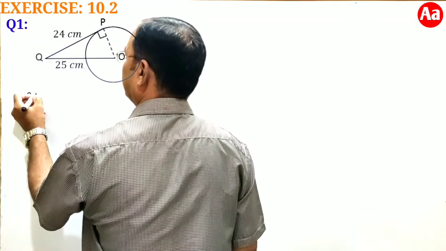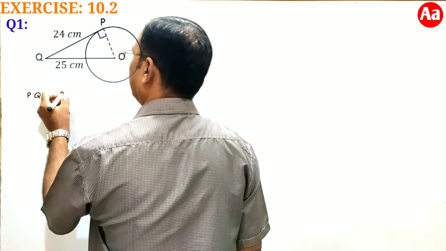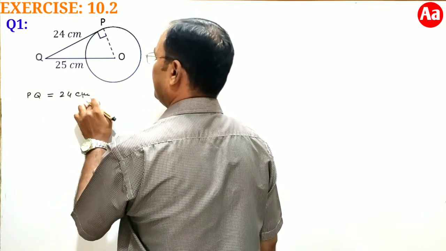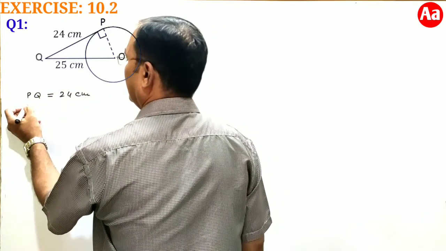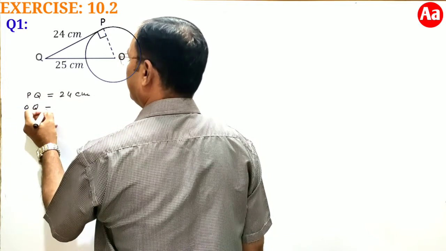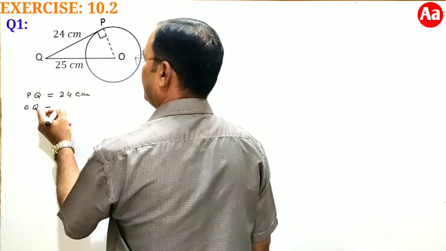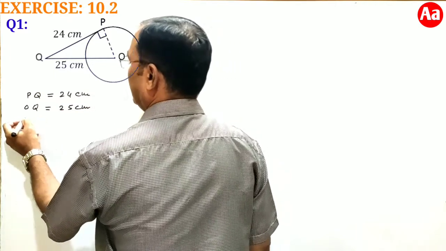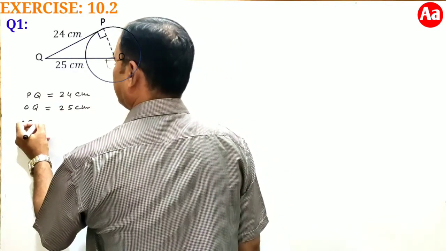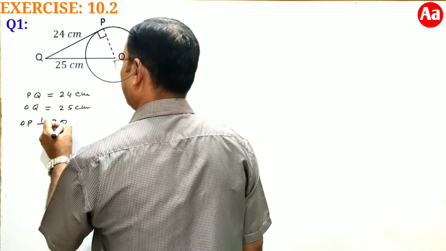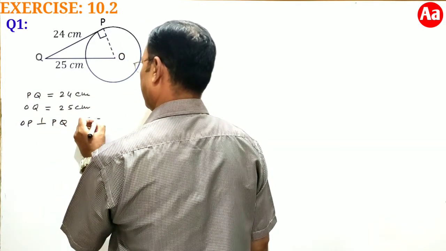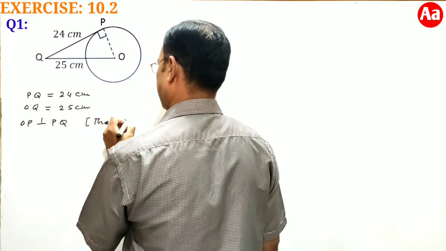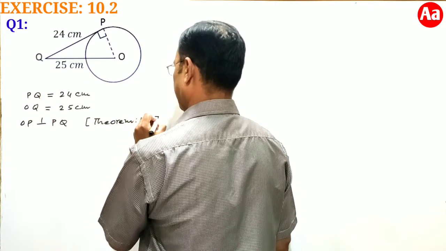PQ is given equal to 24 centimeter. This is length of tangent drawn from external point Q, and OQ, distance of point Q from the center, is given 25 centimeter. OP is perpendicular to PQ according to theorem 10.1.